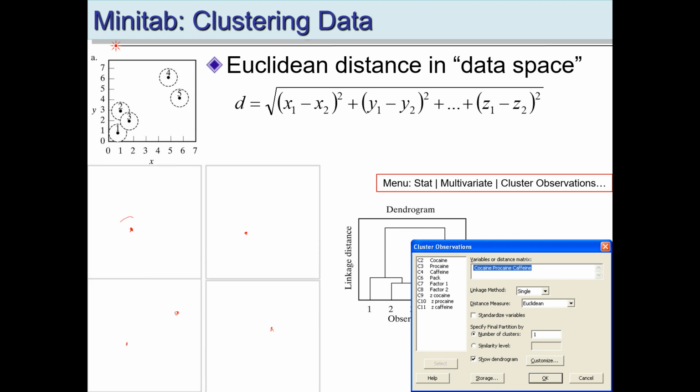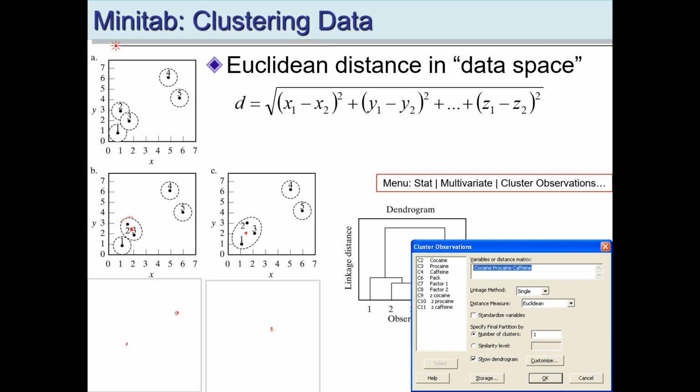So that's what was meant by these 5 little panels. We have our data up in the top left, and we're going to do this analysis. We combine points 2 and 3, because those were the closest 2 points. We say these points are so close, let's just treat them as the same point and redo the clustering. Then we notice that they're very close to point number 1, so we combine them.